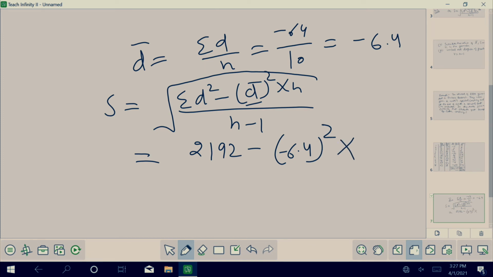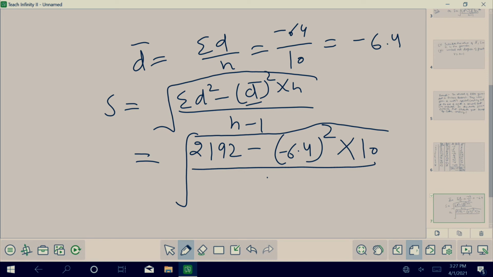What is n? 10. Divided by 10 minus 1, right, and then we have 2192 minus 409.6.